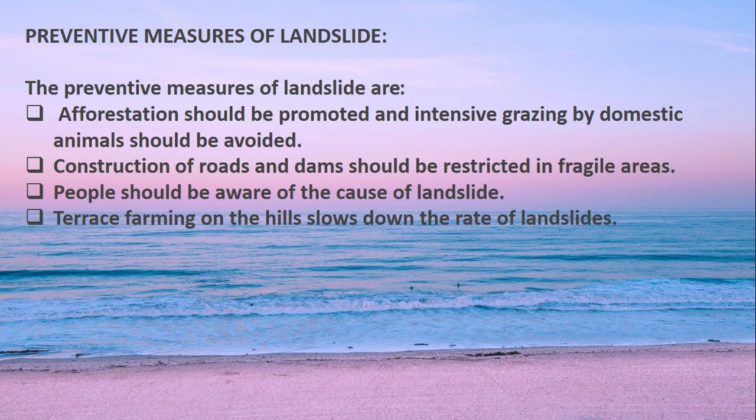People should be aware of the causes of landslide. Terrace farming on the hills slows down the rate of landslides. So people must be very careful about different types of malpractices.